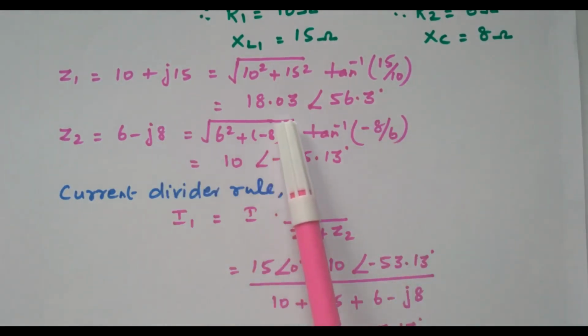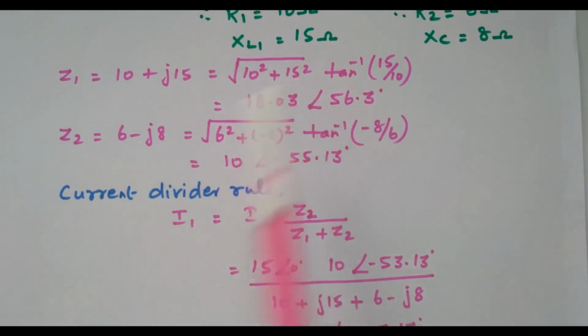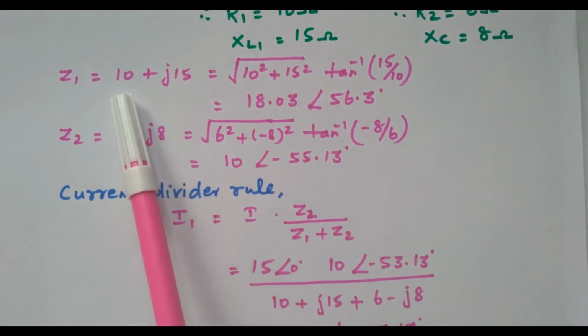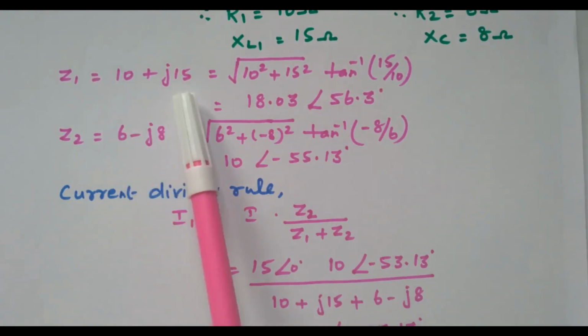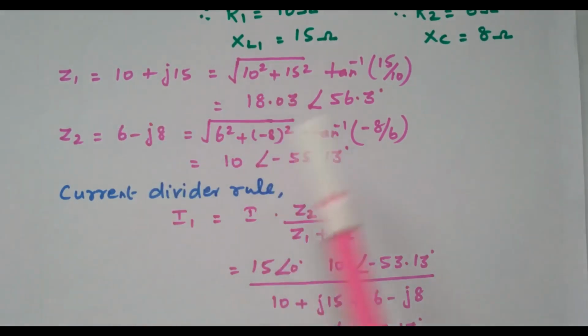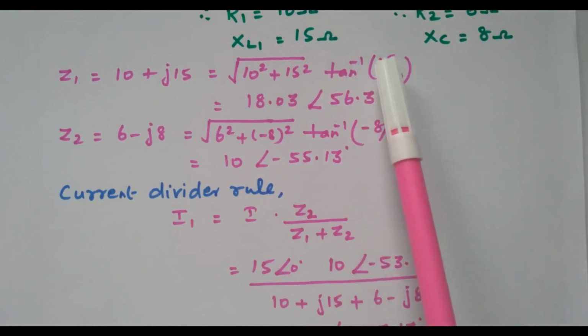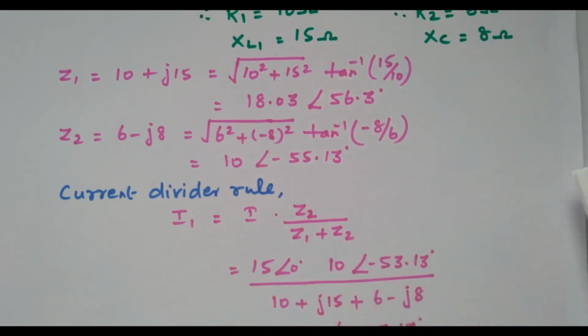How will you find the magnitude? That is nothing but square root of 10 square plus 15 square. That is square root of square of real term plus square of imaginary term. We need to take the square of these two and add. Then how will you find the angle theta? Tan theta is imaginary term divided by real term, tan inverse 15 by 10.